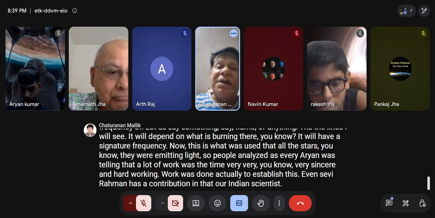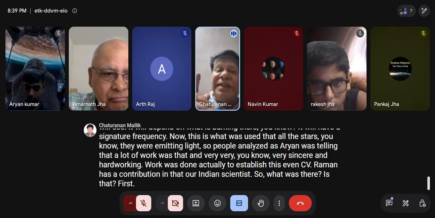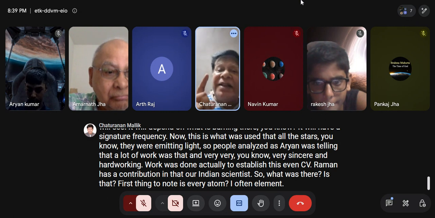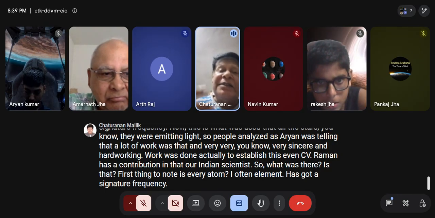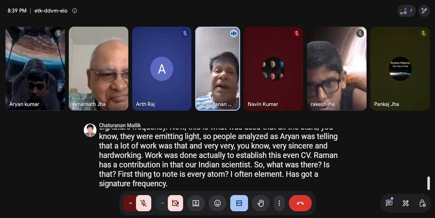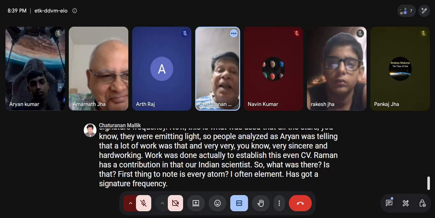So the first thing to note is every atom of an element has a signature frequency. वो कहीं से भी आए, स्टार से आए कि सन से आए, कहीं से भी आए. ये सन से आए तो हीलियम का लाइन दिखाई पड़ता है. वही हीलियम जो पर अर्थ पर है, अर्थ पर भी हीलियम से वही लाइन दिखाई पड़ेगा.